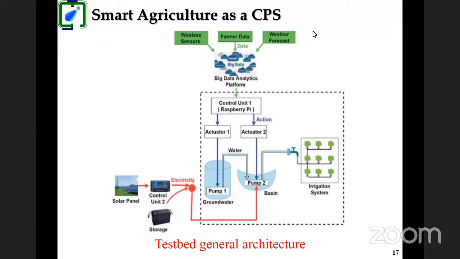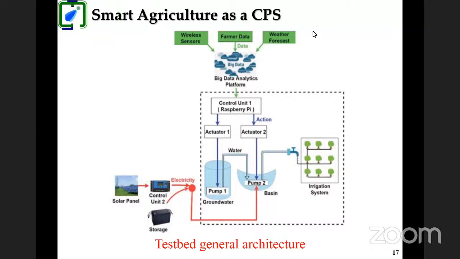This is the architecture of the wireless sensor network prototype. So how different sensors are being connected. You can see on the left hand side, we have a temperature and humidity sensor, a soil moisture sensor, and a water level sensor. And the data from these three goes to your Arduino Uno board, from where the data goes to a GSM or GPRS SIM 900 module, which will pass the data to the Big Data Analytics Platform, what we call BDAP.